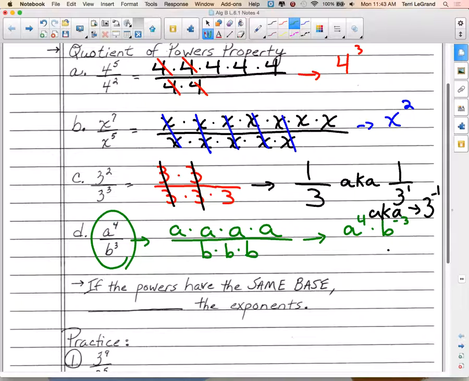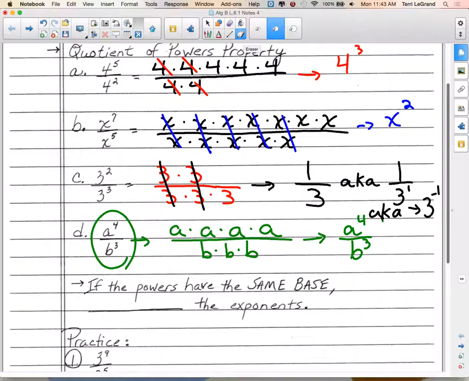Now we'd have to rewrite that as 1 over b to the 3rd power, and guess where that b to the 3rd power is going to end up? Downstairs, right? So we're just going to leave it just like it is. It just can't be simplified. No reason to change it to b to the negative 3 power, because now we just unsimplify it.